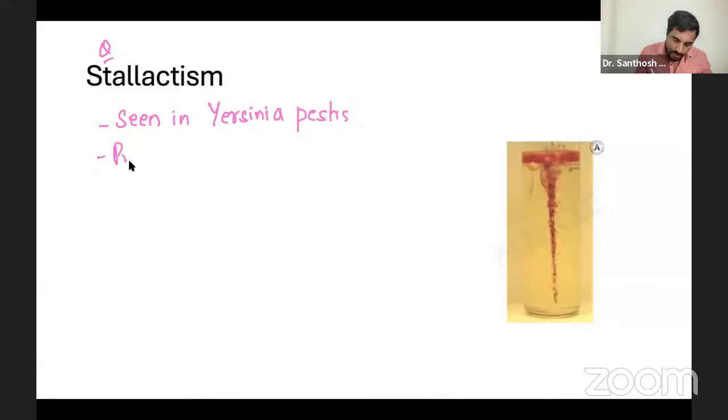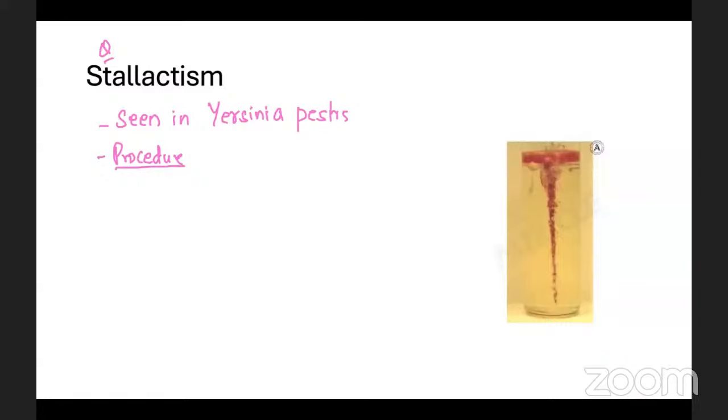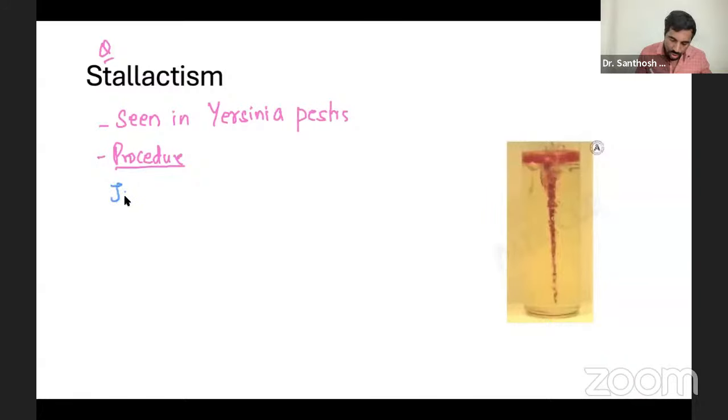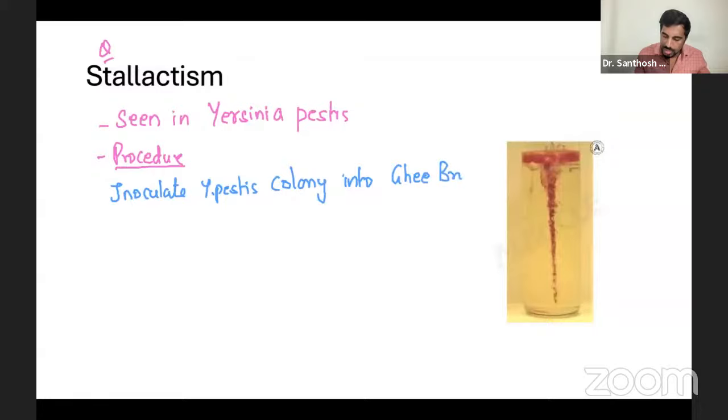What is the procedure? You're going to inoculate the Yersinia pestis colony, that bacterial colony, whichever you isolate, into which broth? Ghee broth. Yersinia pestis means ghee broth. So you put it in a ghee broth. This is the ghee broth, what you're seeing.